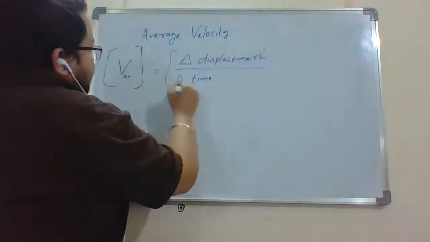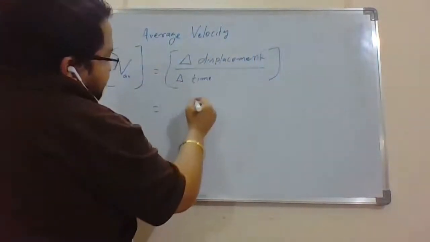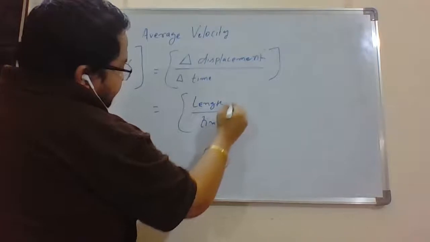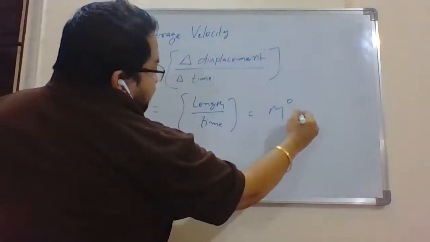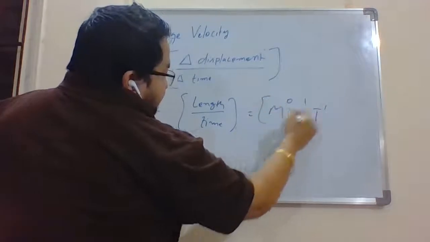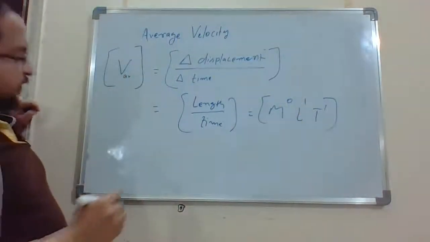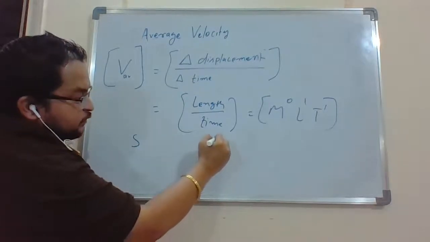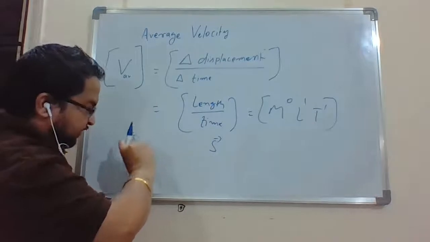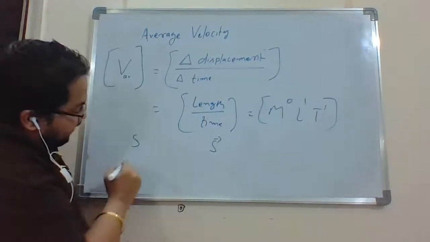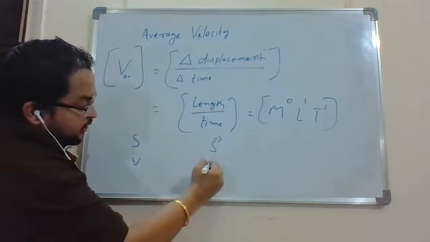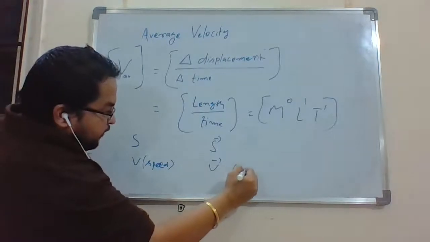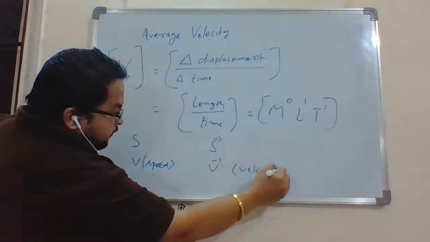This is nothing but length by time, so mass 0, length 1, time minus 1, MLT minus 1. So if you see the analogy between distance and displacement, the corresponding quantities would be speed and velocity. This is speed, and this is your velocity.